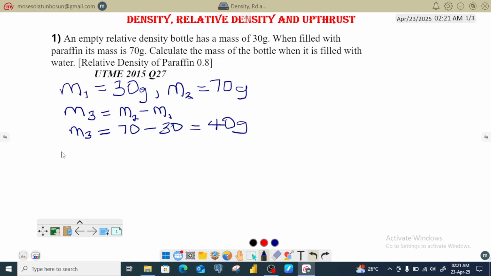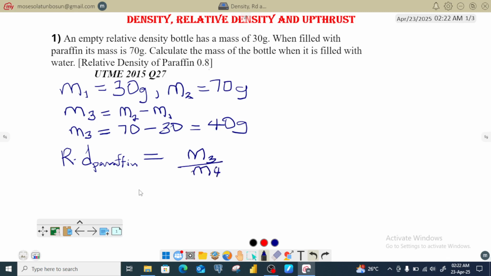So we can say relative density of the paraffin, permit me to just use that as a subscript, equals the mass of the paraffin, M3, over the mass of equal volume of water, call that one M4.